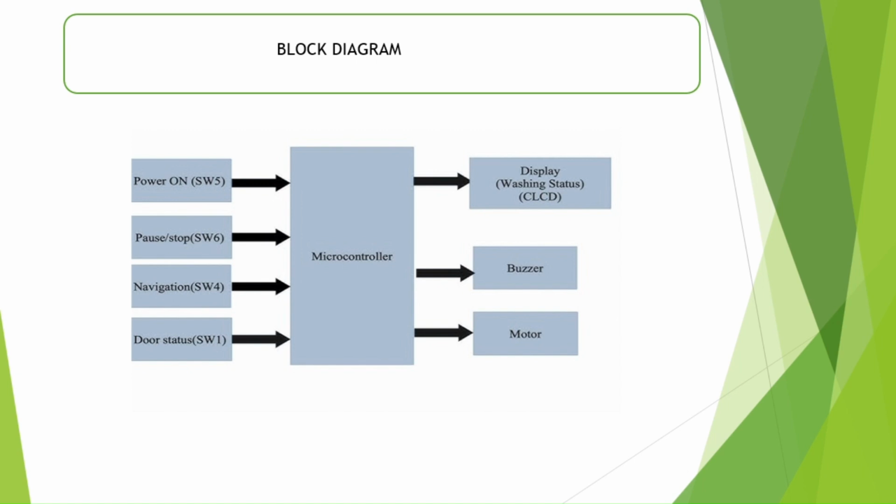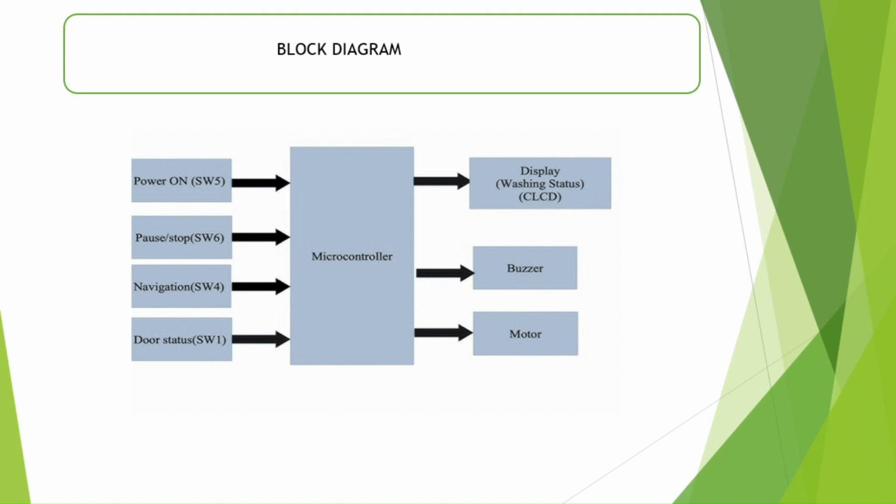And now on the right side, we have the outputs. These are what the microcontroller controls or uses to show us information. So the display CLCD, which we mentioned earlier, will show us the current washing status, and the buzzer will make sounds for alerts or notifications, and the motor will represent the actual movement for washing, rinsing, and spinning action.